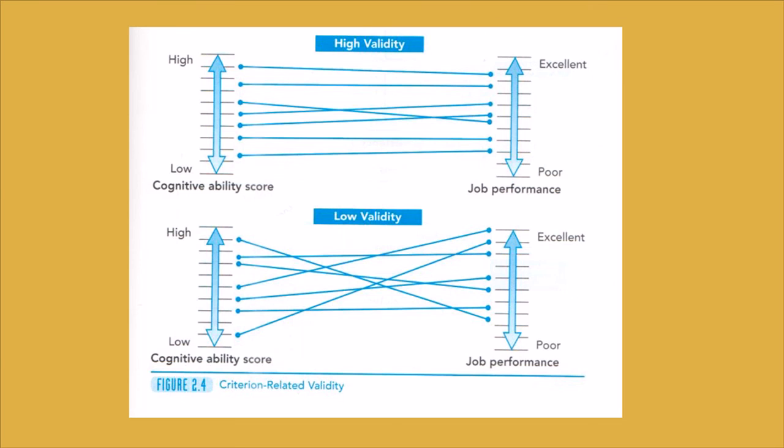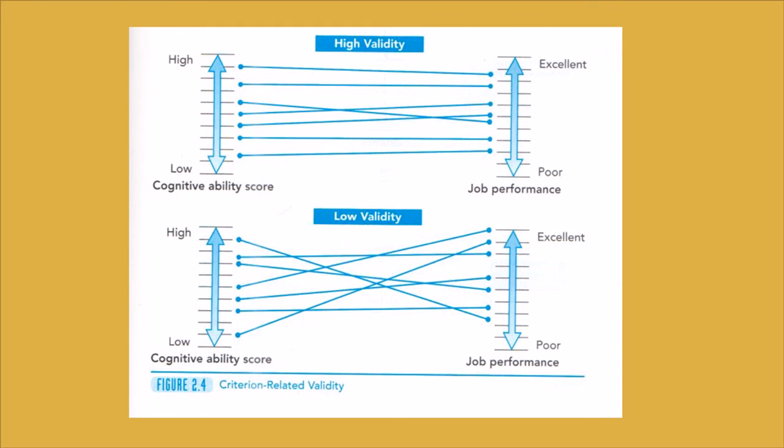Here is an example of what high or low validity would look like in terms of ranking of employees and comparing the cognitive ability score to the job performance. You see, in the high validity situation, people remain pretty much in the same order. With low validity, it's all over the board.